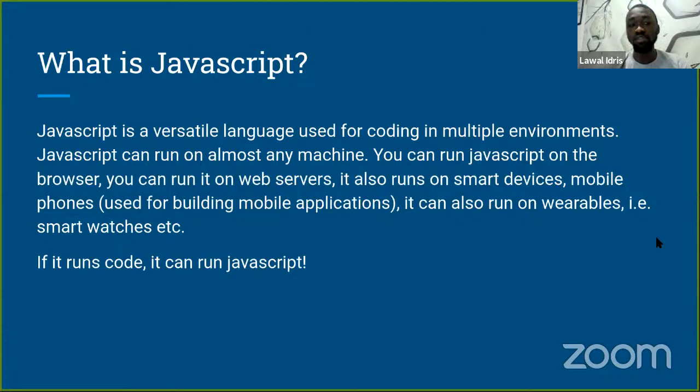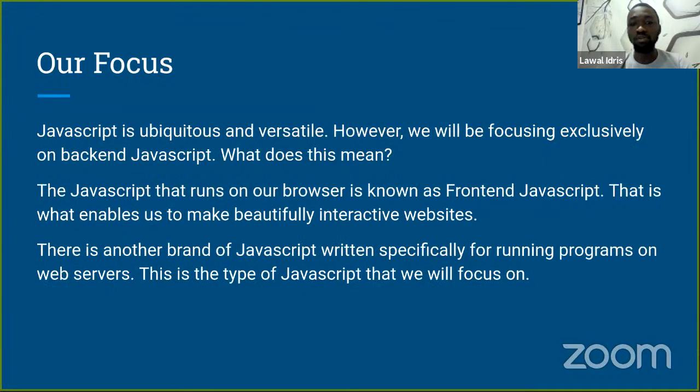JavaScript is a versatile language used for coding in multiple environments. It runs on several machines and several devices. Our focus will be to ensure that we know the difference. JavaScript runs on the front end and on the back end, and our focus for this track is backend JavaScript.